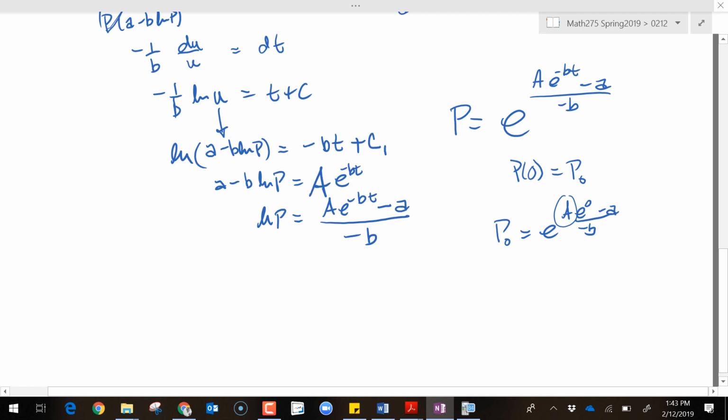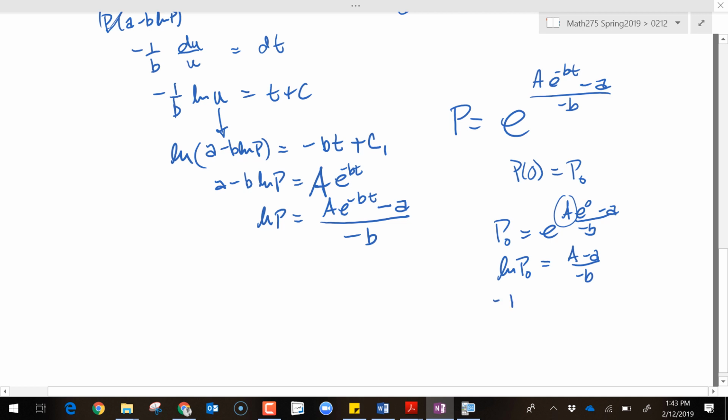Take the ln of both sides. We should have solved for a constant earlier before going this far. ln of P naught equals A minus a divided by negative b. Yeah, we're just going backwards because we didn't solve for it earlier.